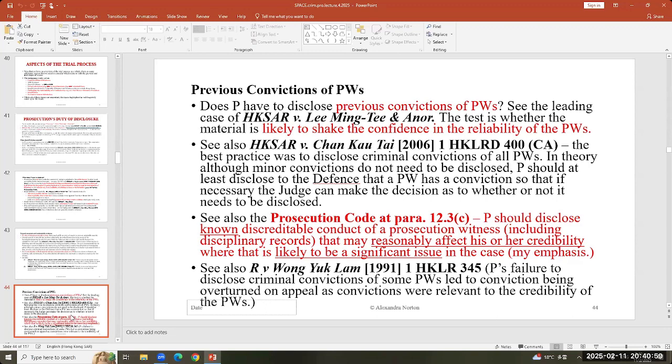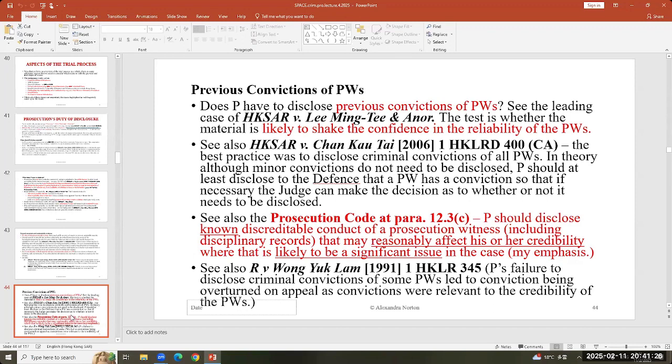In that case, his traffic convictions, although seemingly minor and unrelated to this offense, actually turned out to have huge relevance because one of his previous convictions was for drunk driving. And it turned out that the defendant was alleging that his confession was inadmissible because this ICAC officer had, according to the defendant, threatened him at the time.